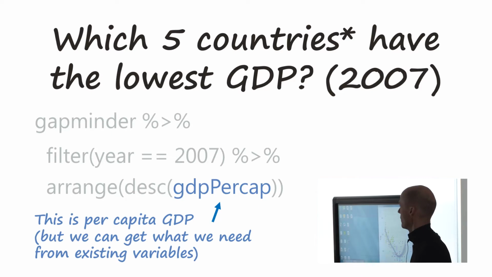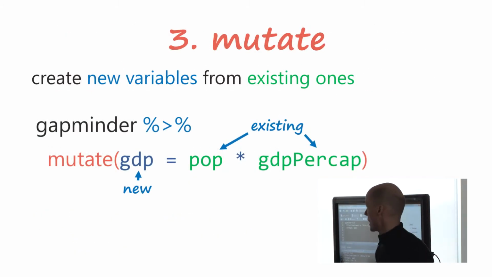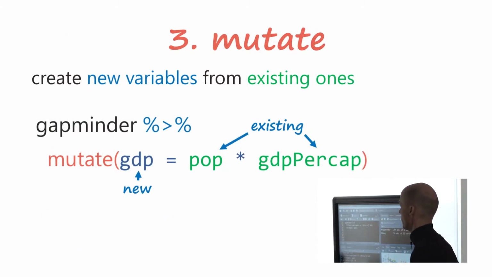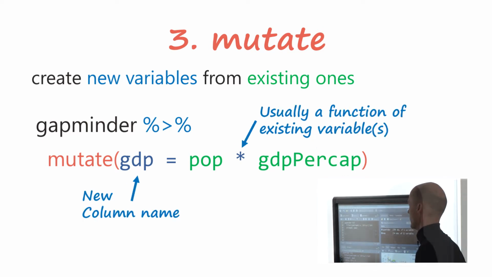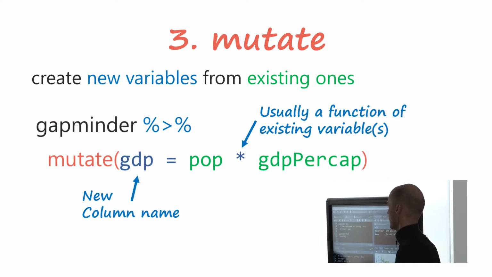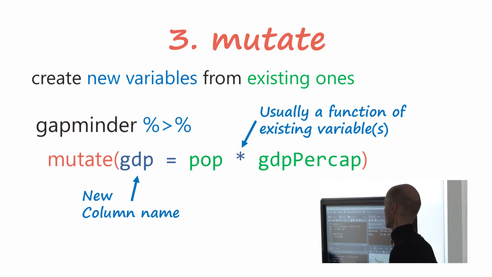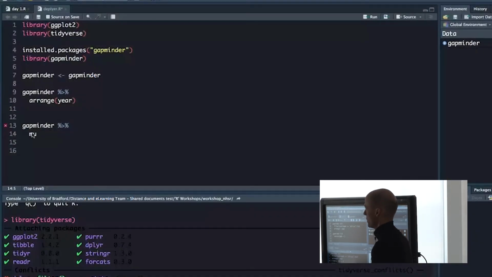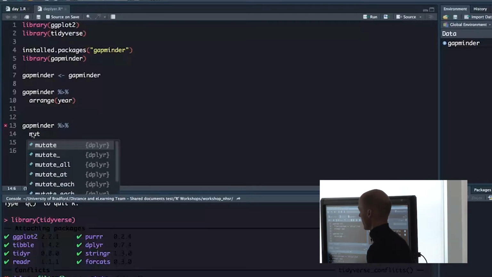And that's where mutate comes in. Mutate allows us to create new variables from existing variables. It will create a column on the end of our data set. So what we do is we provide our new column name, the name of the column we want to create. We could have called it anything, but GDP makes sense.